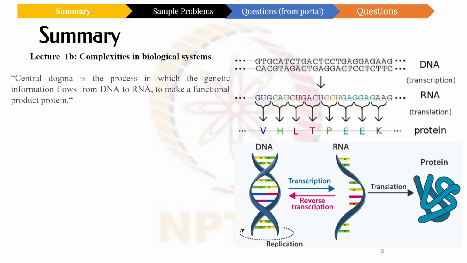In transcription, a segment of DNA is used as a template to synthesize a complementary RNA molecule, generally mRNA, which carries the genetic code from DNA to the cellular machinery responsible for protein synthesis. Next is translation. During this process, the information encoded in mRNA is converted into a protein.